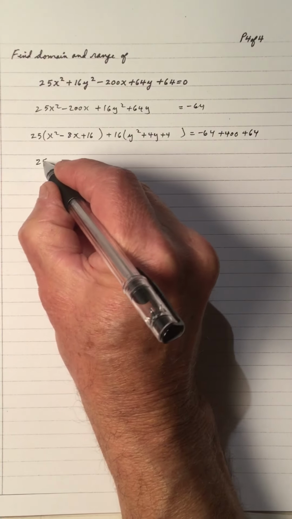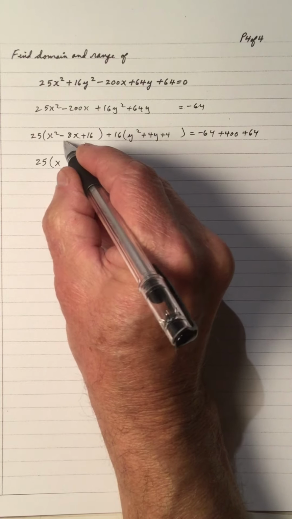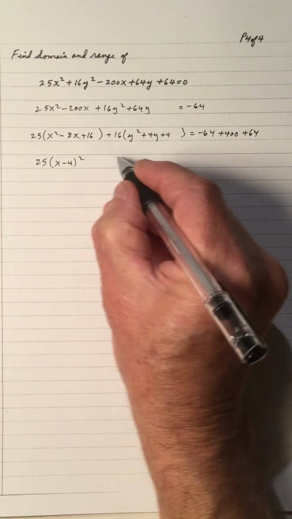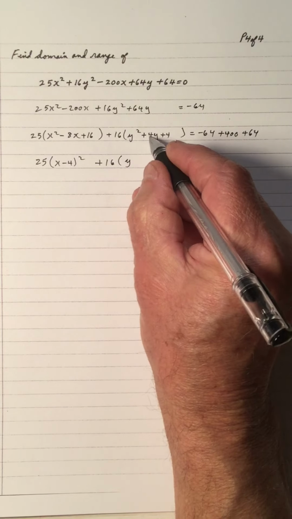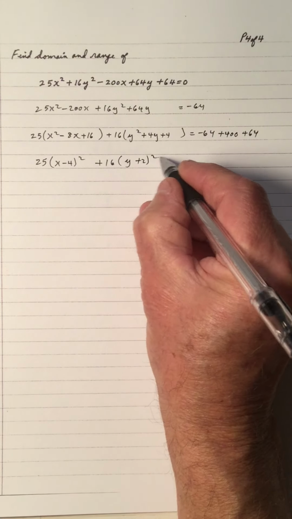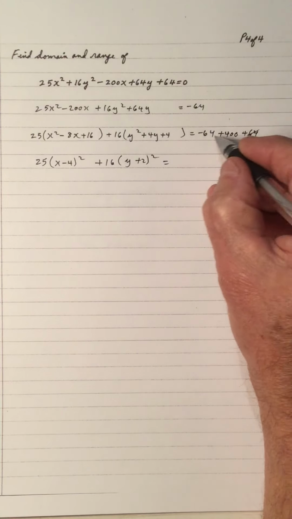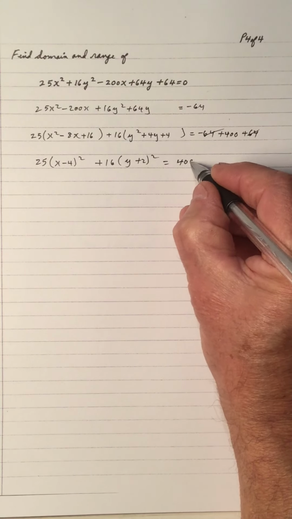And this gives us 25 times x minus 4, being squared, plus 16 times y plus 2, being squared. The 64 cancels out and I get 400.